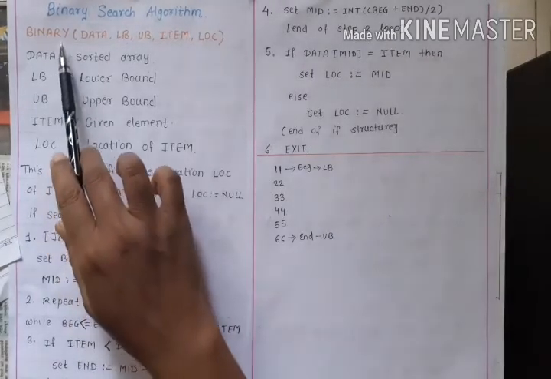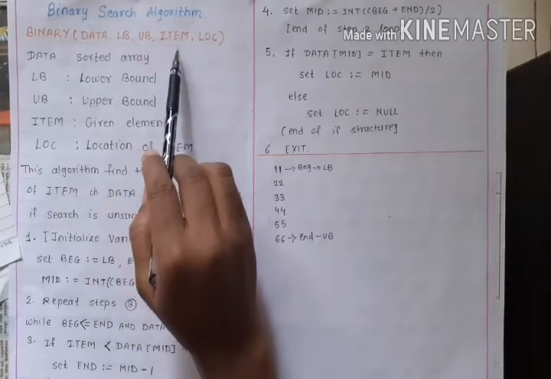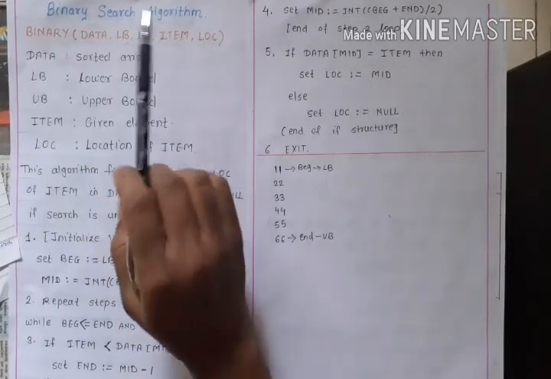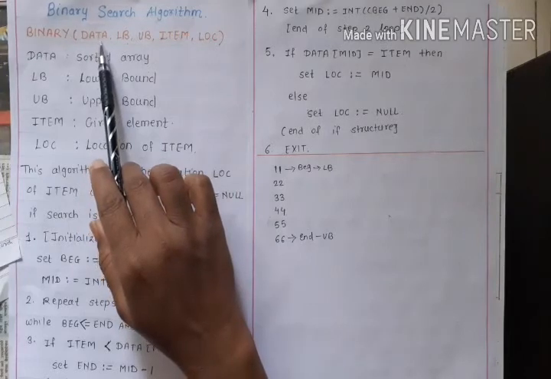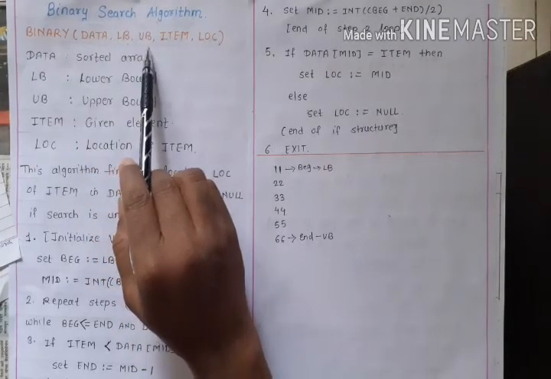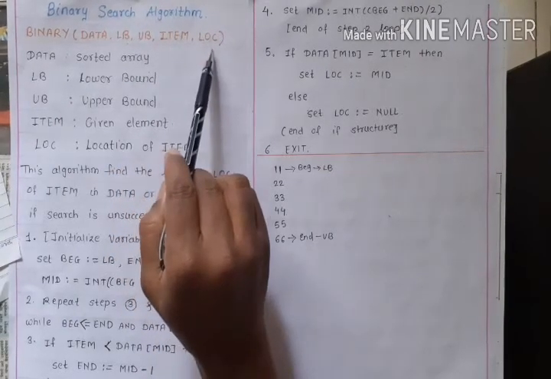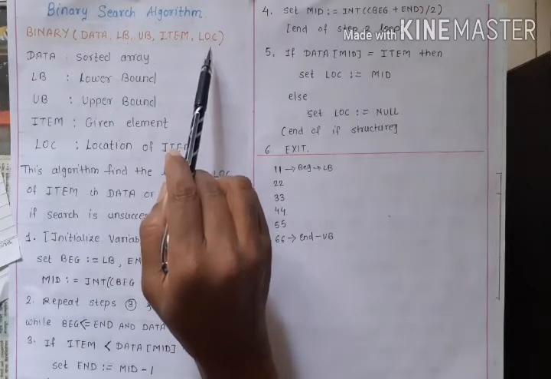See here, in binary search: DATA, LB, UB, ITEM, LOC. DATA is the sorted array name. LB means lower bound, UB means upper bound. ITEM means the given element and LOC means the location of the item.